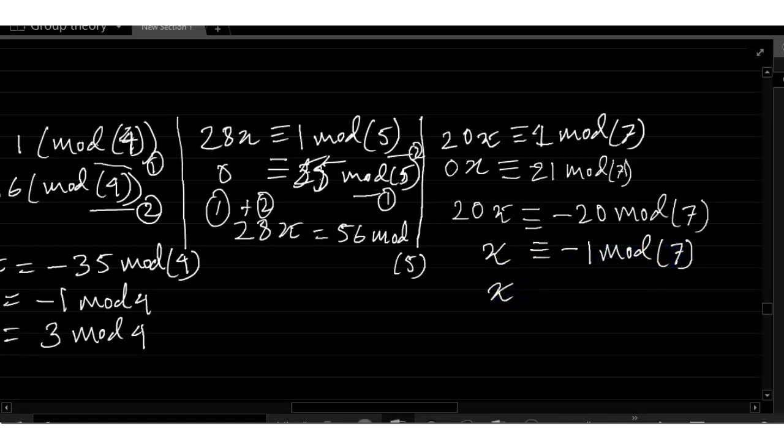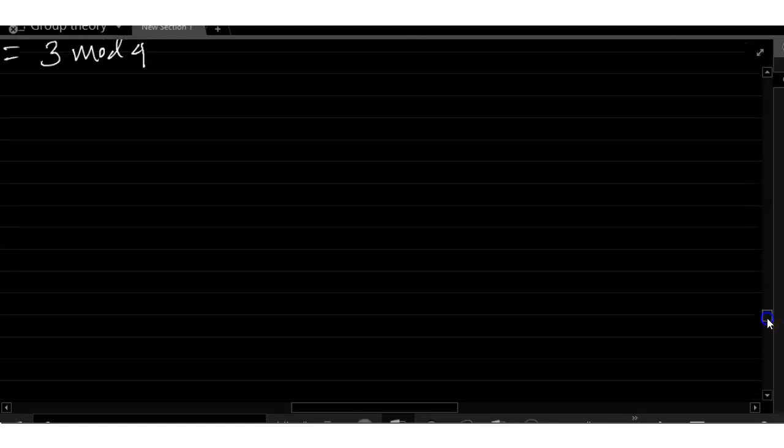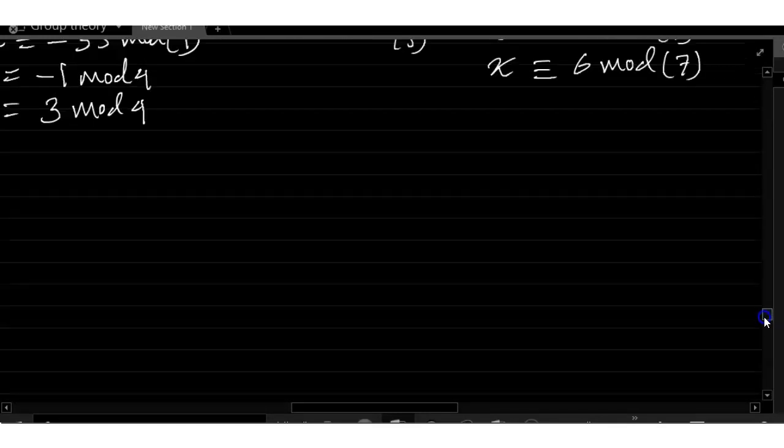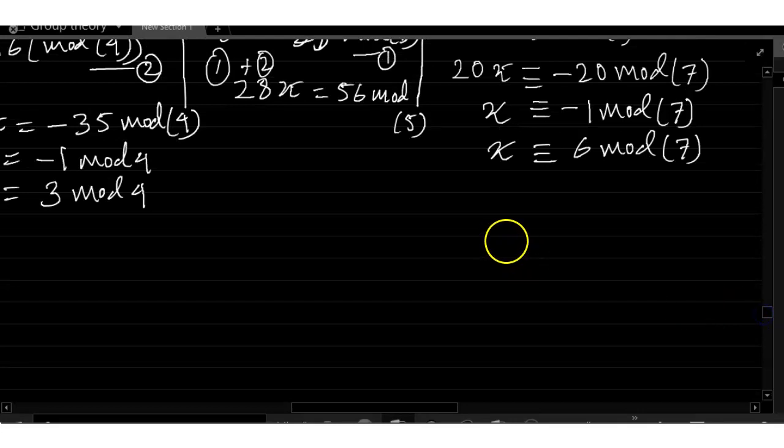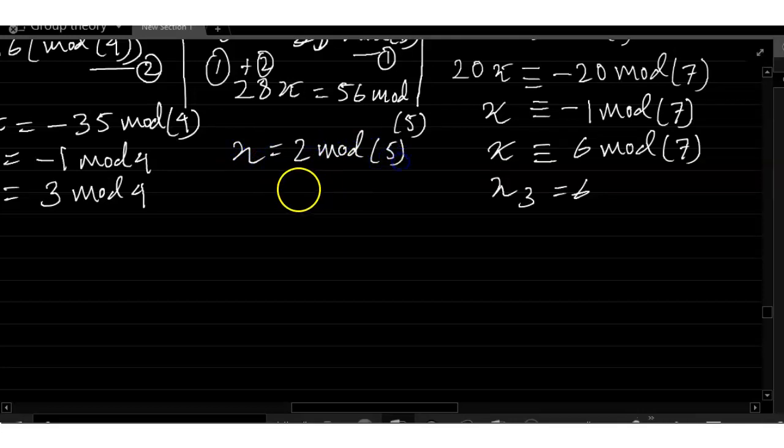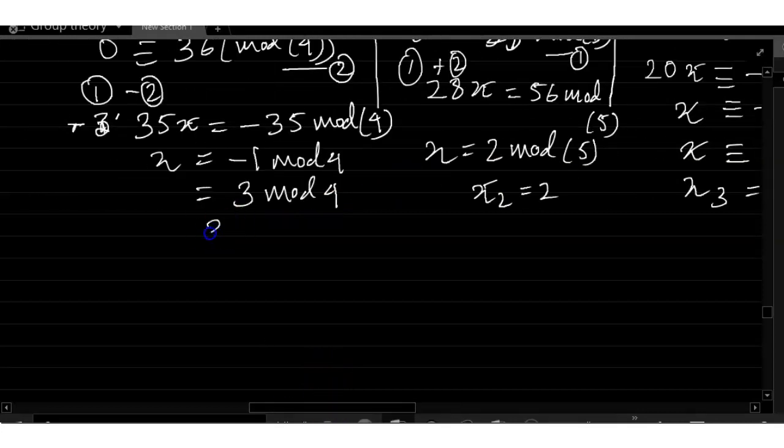So x equivalent to 6 mod 7. So x3 equals 6, x2 equals 2, x1 equals 3.